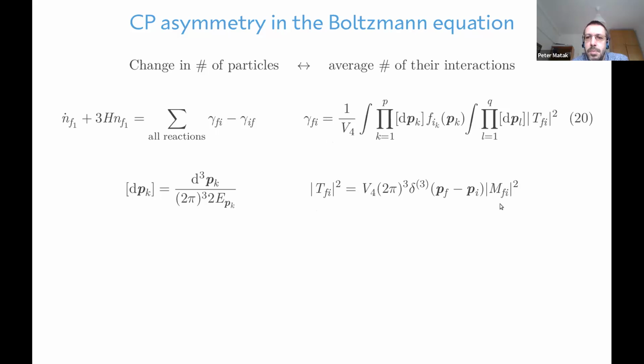If you know how this T matrix is usually written in terms of the M_FI, which is the usual amplitude in zero temperature quantum field theory, there is a 2 pi and a delta, and from the square you will get the second power of this. Sorry, this should not be cubed, but fourth power and delta 4 actually.